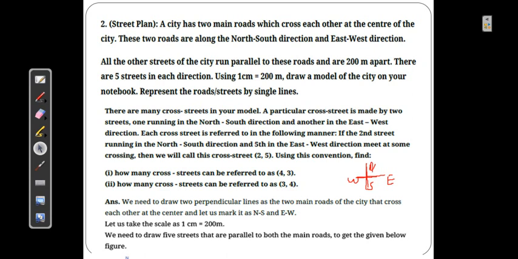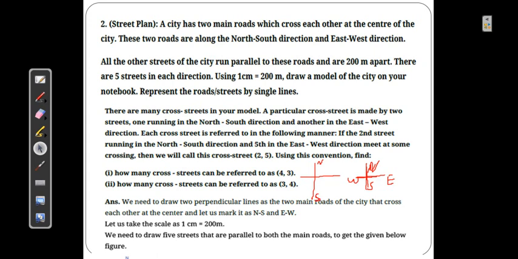Now see. A city has two main roads which cross each other at the center of the city. These two roads are along the north-south direction and east-west direction. This is north, this is south, this is east, and this is west.